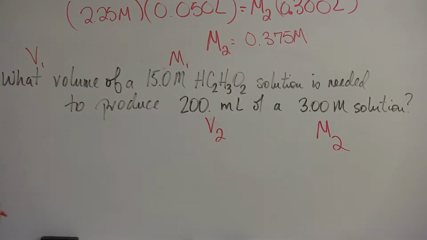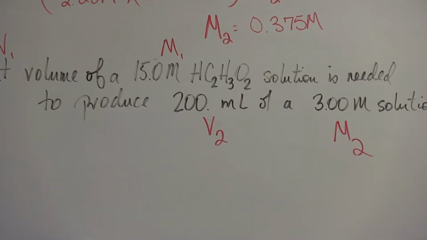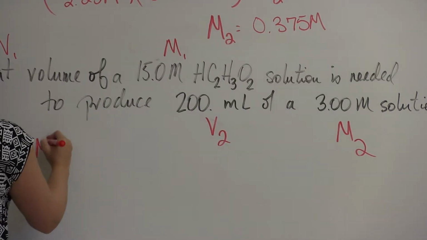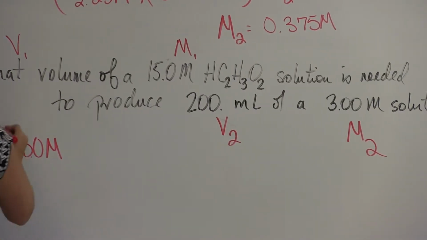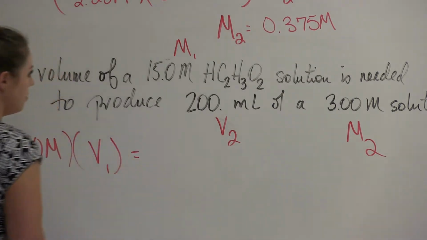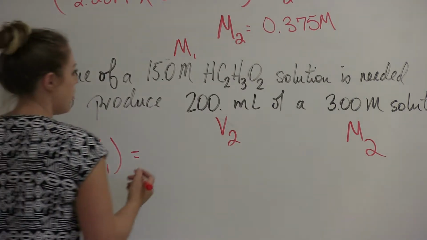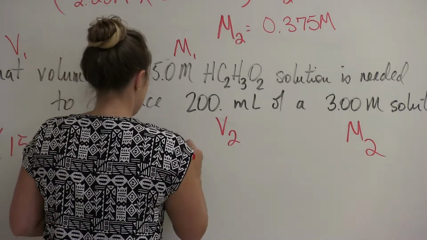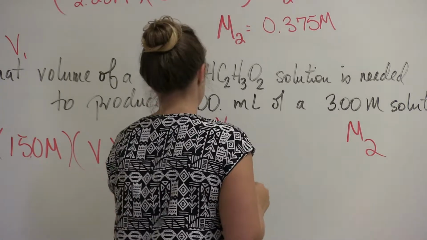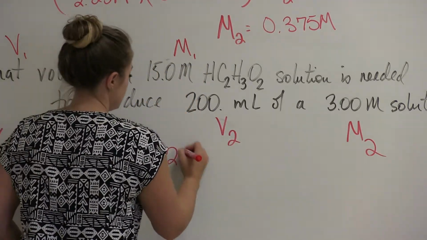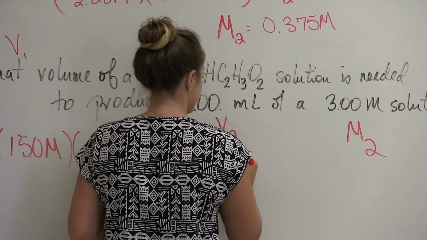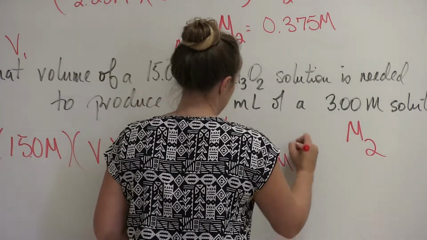Okay, so let's go ahead and just plug it into our equation. My M1, we start with 15 molar. We're going to multiply it by our V1, which we don't know, is needed to produce 200 milliliters. We need to get this in liters, so 0.200 liters times my final concentration, which is 3.00 molar.